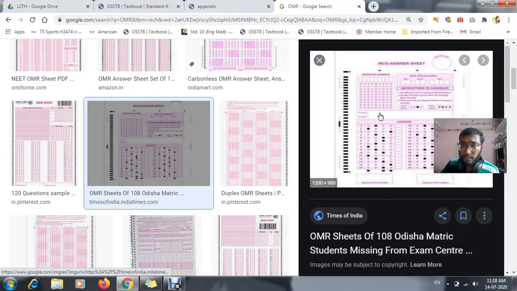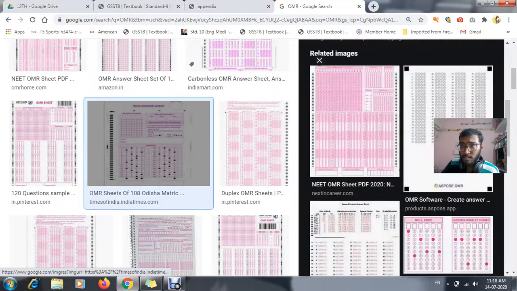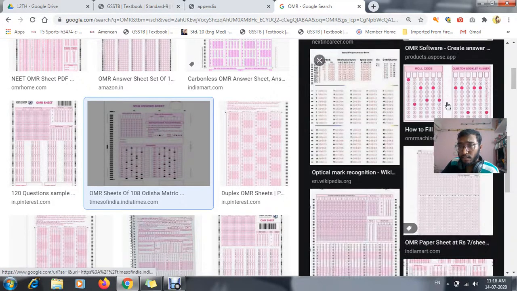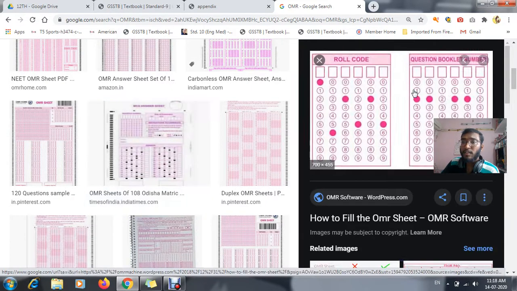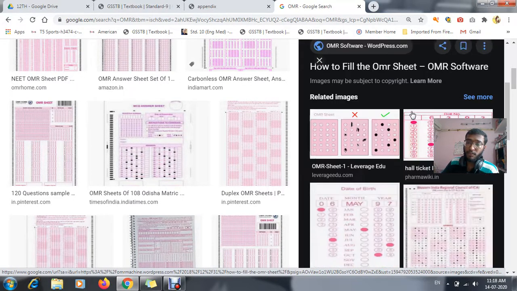This is the image. I think it is not visible properly. See, in this way we will have an OMR. In the OMR you have to write your roll number and question booklet number.